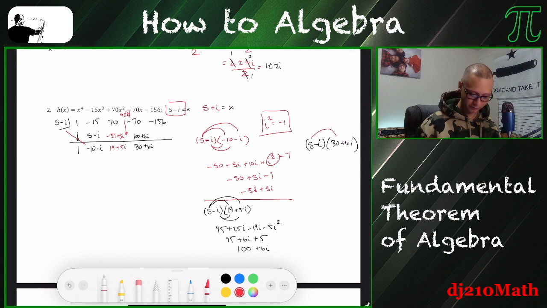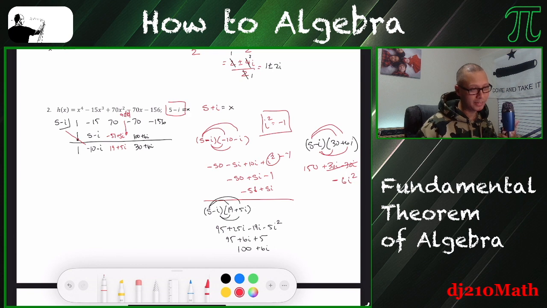5 times 30 is 150. That's looking good. Then plus 30i minus 30i. That's nice. They're going to cancel. And then lastly, that's going to be i times 6, which is negative 6i squared.